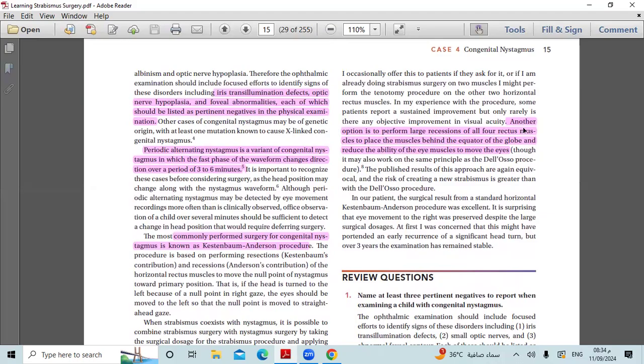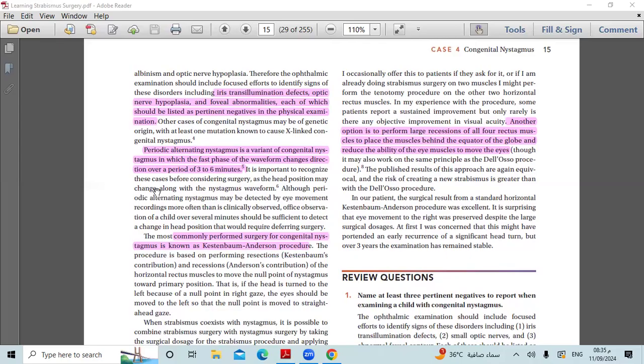Periodic alternating nystagmus really is a variant of congenital motor nystagmus. Sometimes it presents with right beating nystagmus for a few minutes. After that, it will dampen slowly, and the eyes are without any nystagmus for 10 to 12 seconds.